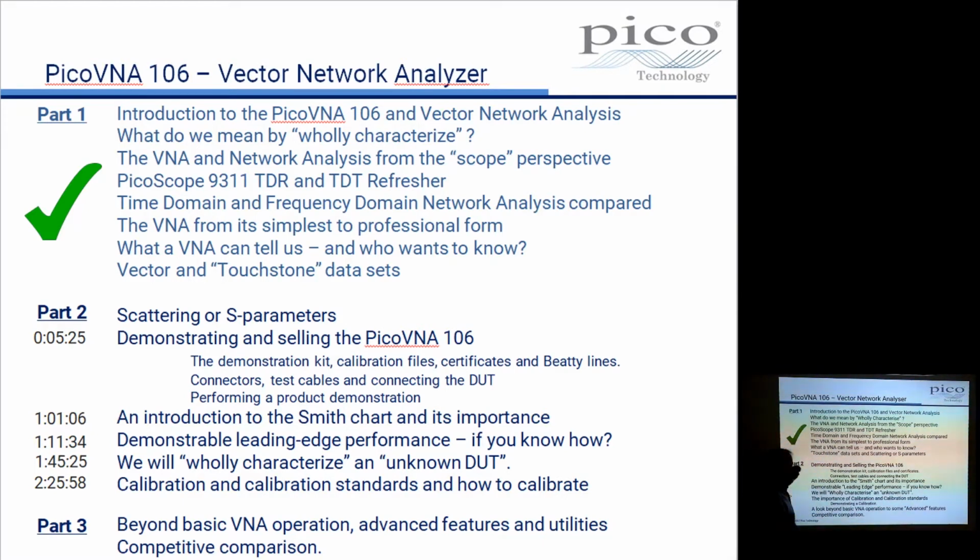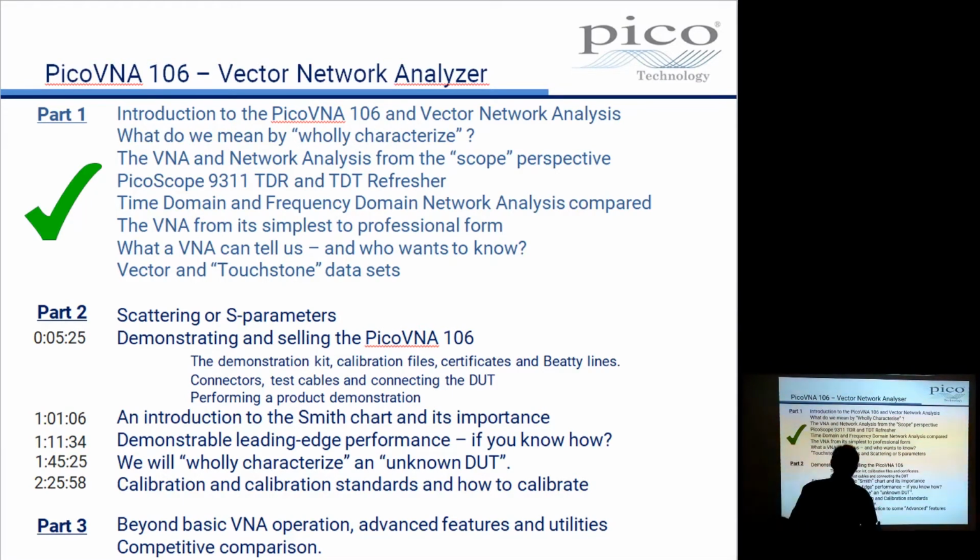We're going to start by continuing the explanation of S parameters, and then I'm going to demonstrate the product step by step, walk you through some of the demonstration stages that you need to go through, including an introduction to the whole demo kit, calibration files and certificates that come with the kit, connectors, test cables, and connecting the DUT.